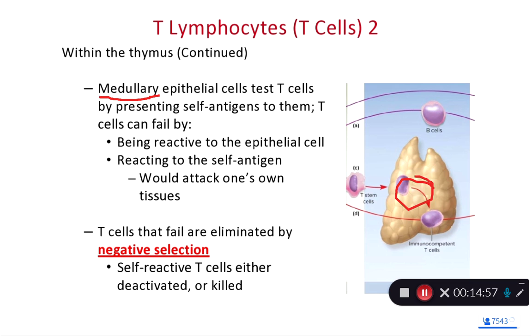Unfortunately, we didn't have enough time to really dive into immune system-related diseases, but most autoimmune diseases are going to be associated with our T lymphocytes or our B lymphocytes failing this test and not being killed off when they're supposed to be killed off. Then they enter the bloodstream and start attacking our own tissues. Thankfully, that's not very common.